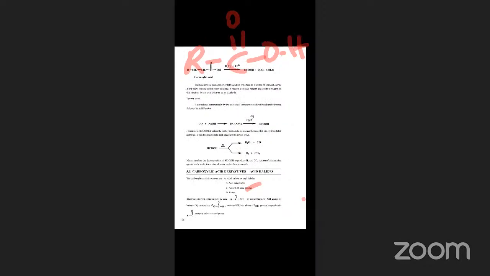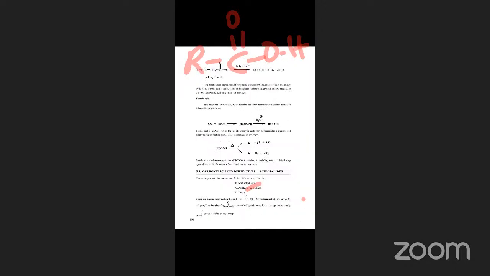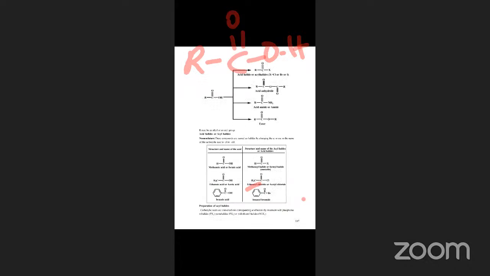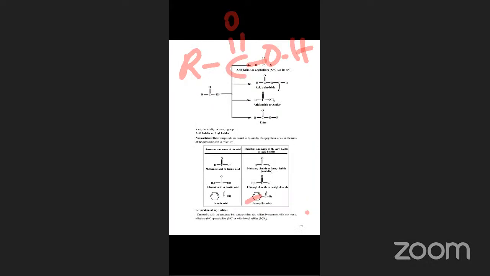In this reaction, ester is important, again you see how they are coming. Here, RCOH: in the OH place we put X, that means acid halide; in the place of H we are adding C double bond O R. So are you observing, clear?